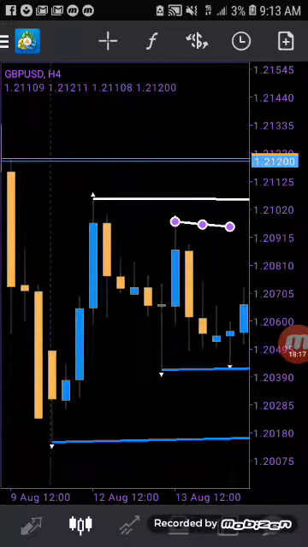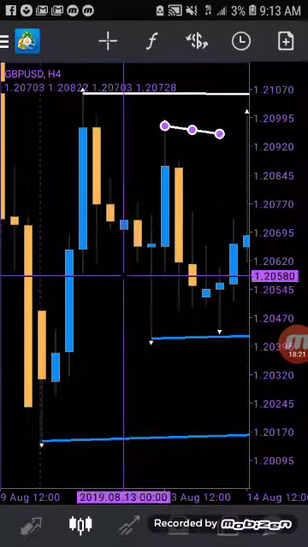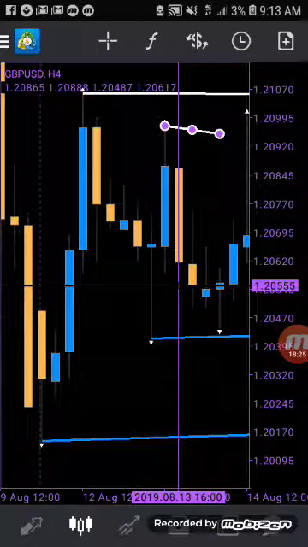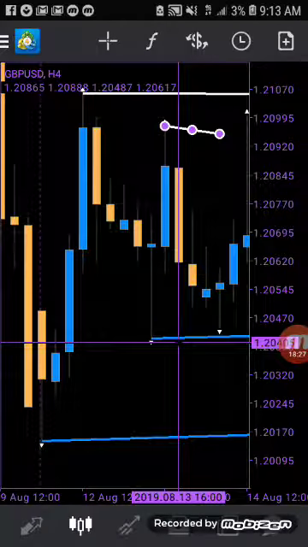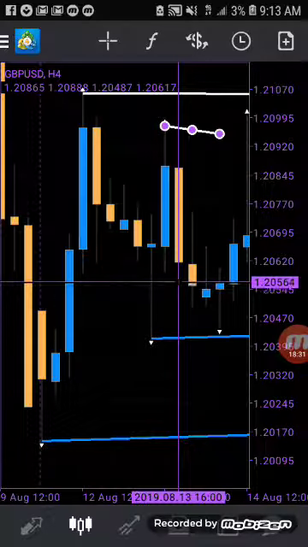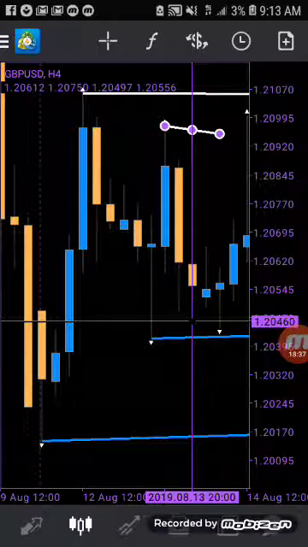Let's just say you bought right there. If it goes back to this floor, you bought right here. So I already know if it goes past here, I already don't want it. I don't want to lose more than 10 pips anyway. So this is 056. If it comes back to like right here, well, just pull out.